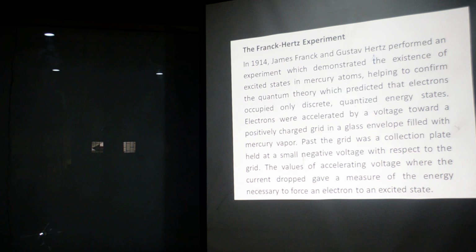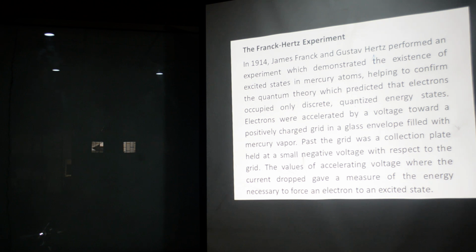Now, energy in each shell is having a particular value which we have already calculated. Now, what is the experimental proof that there are energy levels in an atom?